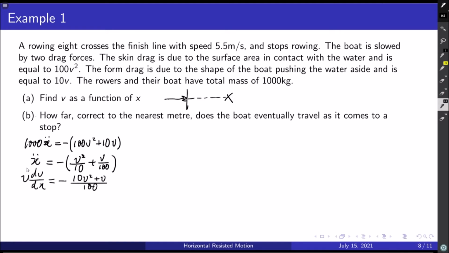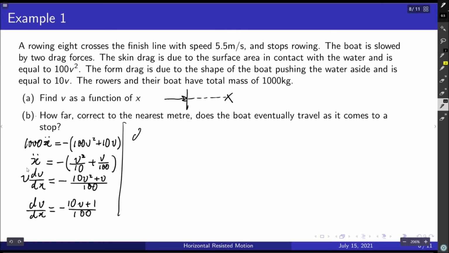Then we divide both sides by v, and we end up with dv/dx equals negative v over 10 plus 1 over 100. This part is straightforward, and then we can do exactly the same as we did previously. To be able to integrate both sides, we turn everything upside down. So we have dx. Actually, I will start a new line.